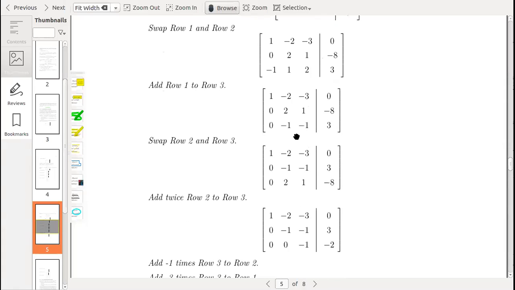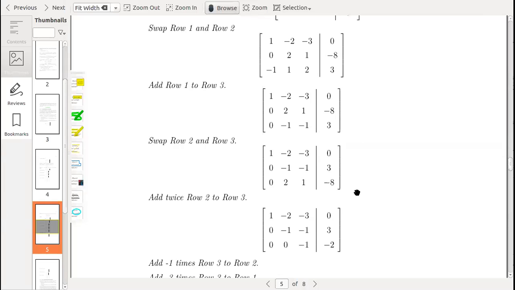It depends on you. Here you have a choice to swap or not to swap. So why has he swapped this? Because this is minus 1 and he wants to have 1 in this entry A22. But if you don't swap, it will not affect the solution of the system.